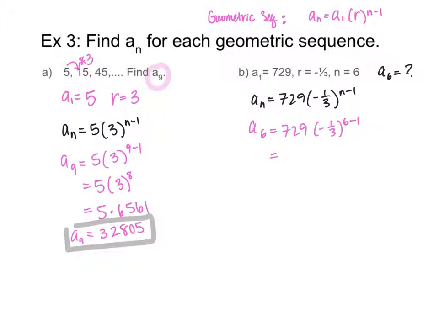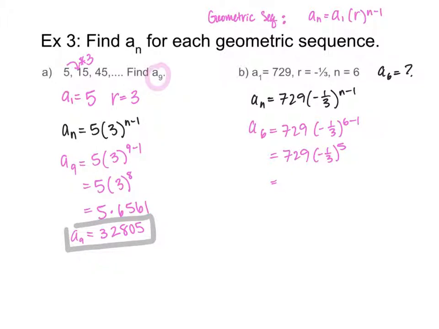I will probably need the calculator to help me out with the computation here because of the powers. So I have 729. I'm just going to subtract that exponent there, so I have 6 minus 1, which is 5.